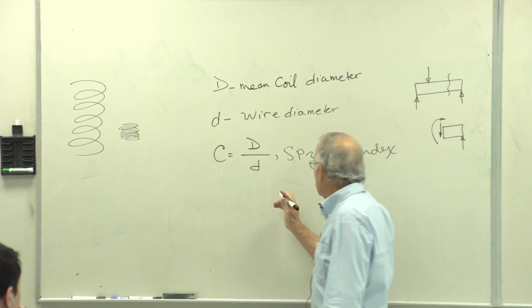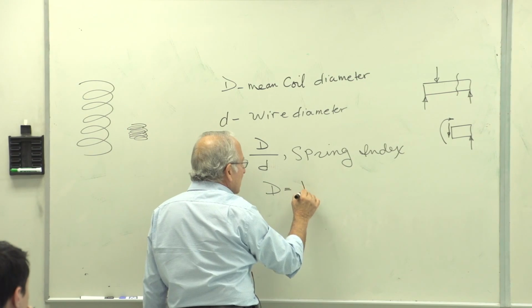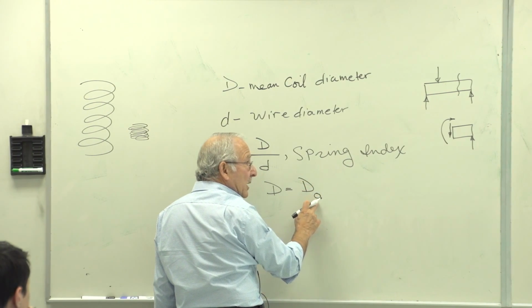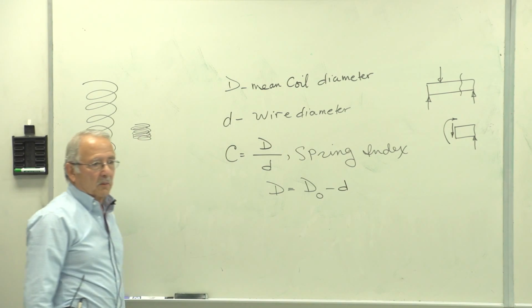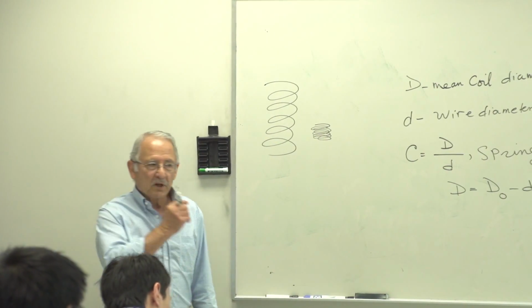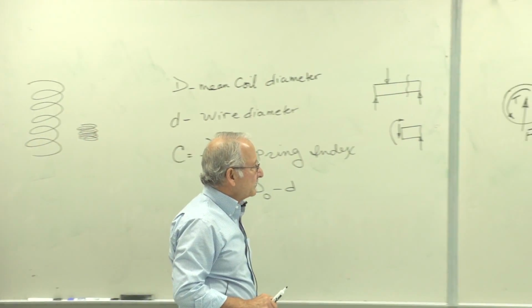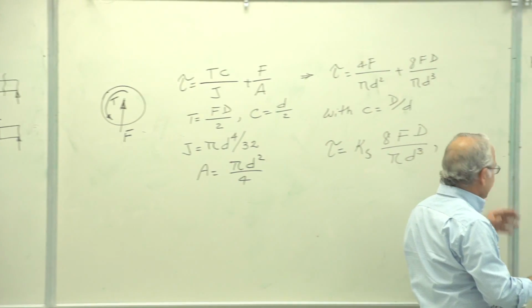By the way, mean coil diameter can also be written like this: the outer diameter of the spring minus a wire diameter, a radius taken off from each side. So that's the only reason why we do this. Otherwise, there's no correction here.